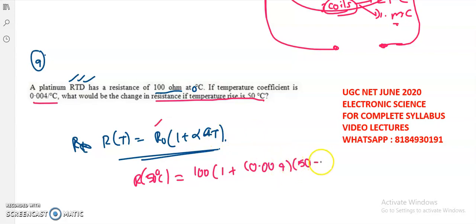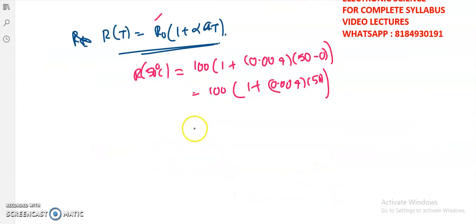Delta T is the change in temperature. So 50 degree minus the starting temperature, 0. So that is equal to 100 into 1 plus 0.004 into 50. After multiplication of 0.004 into 50, we will get 0.2.